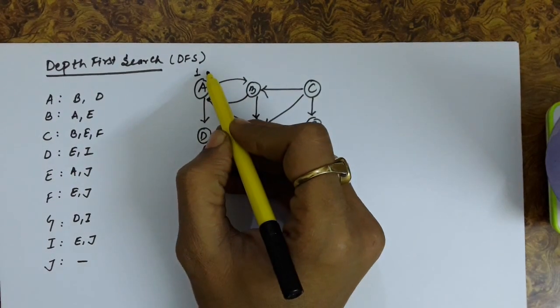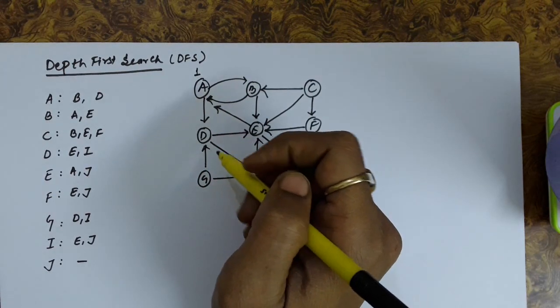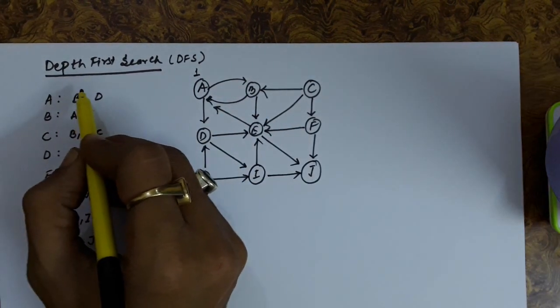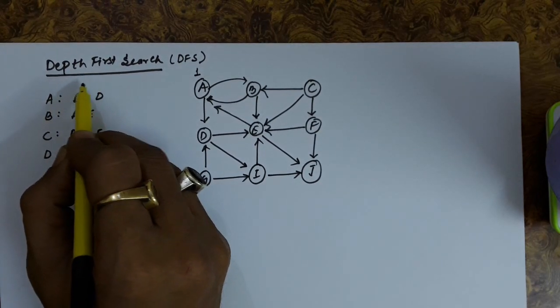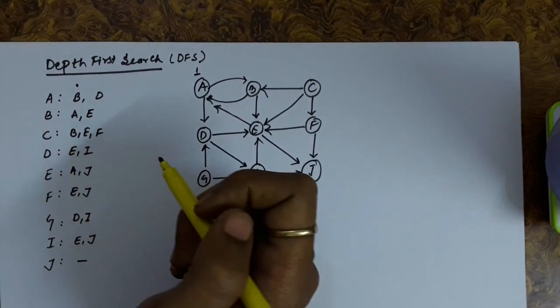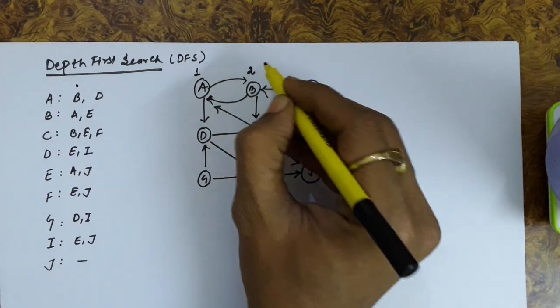Now here we are starting vertex A at time 1, and then we see the connections from A. There are two connections from A, B and D. Out of these two, let us pick the first one, which is B, and start B at time 2.